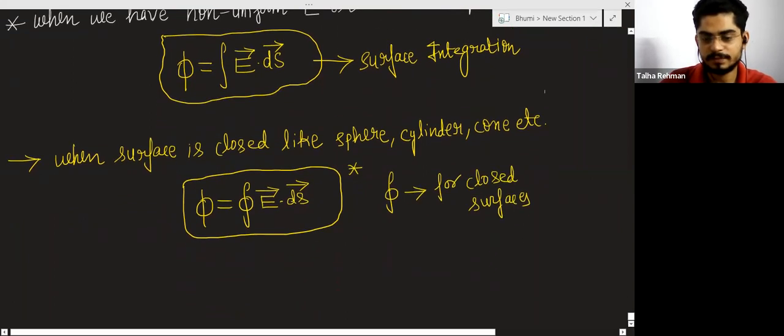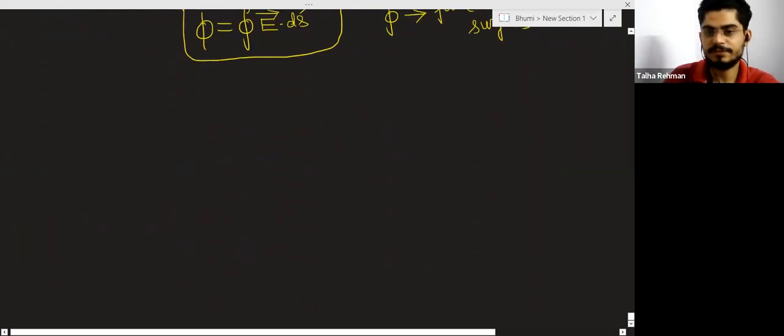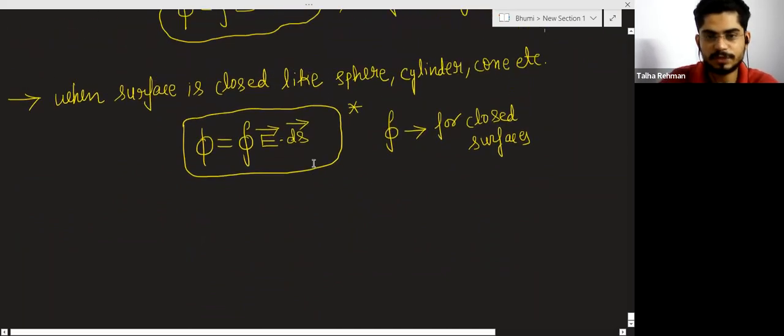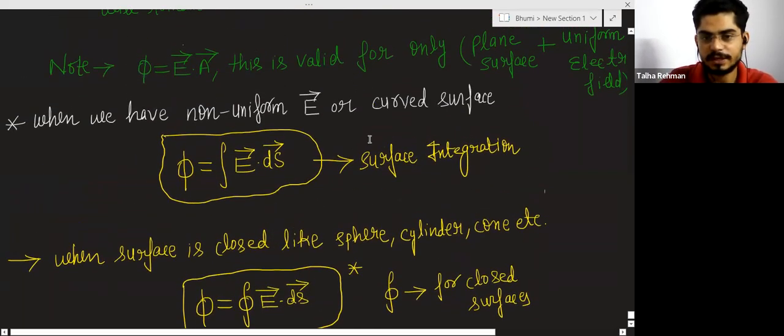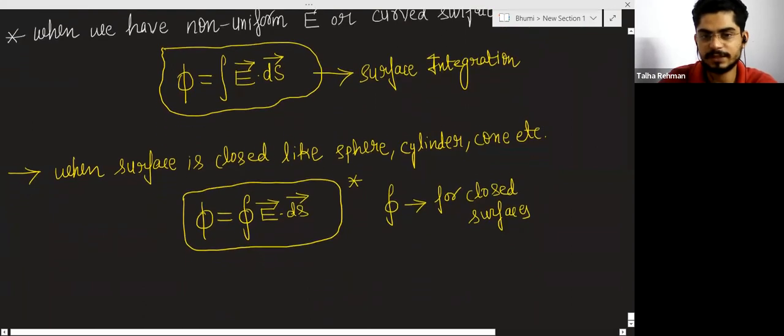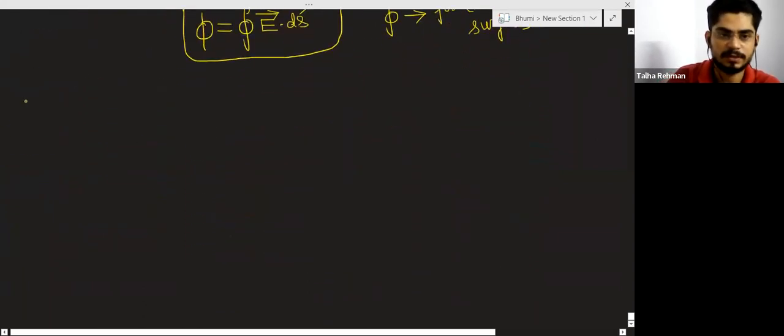I am giving one example. So what is a surface integral? I have told you this is a surface integral. Now I will tell you how we will calculate it.